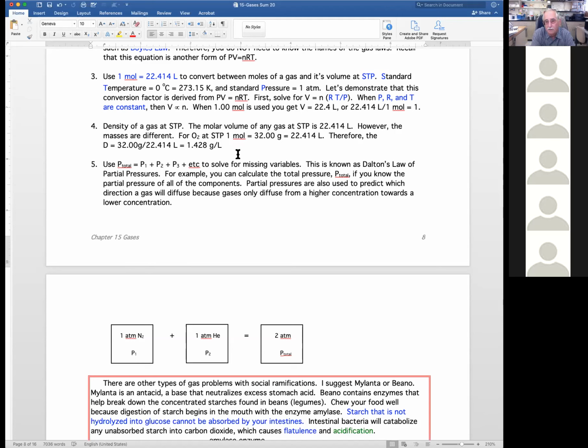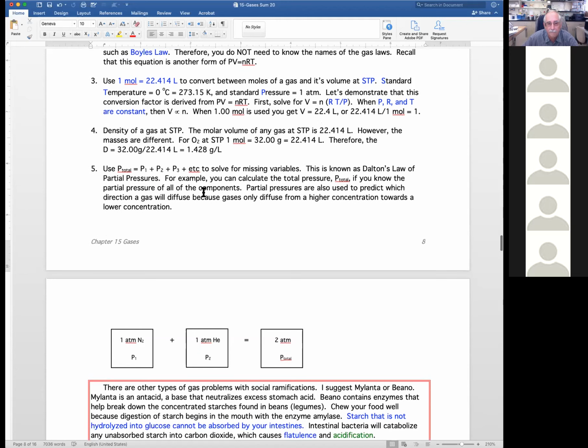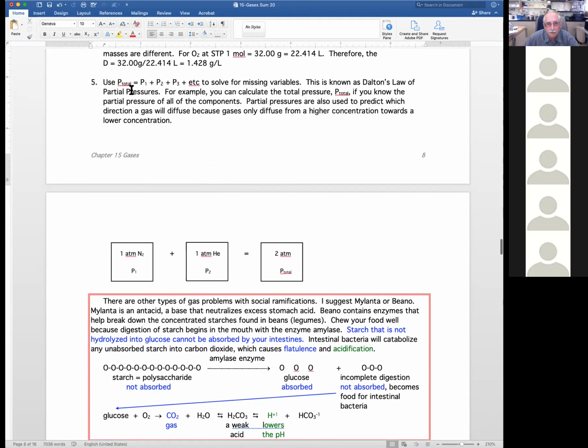And then there's another one called partial pressures. And here I did put the name just because I know it's important in biology texts that you know that Dalton's law of partial pressures is simply the law of partial pressures. But because they use it in biology texts so often, I thought we should put the name there. So here's what it means. The total pressure in a container is equal to the sum of all the partial pressures of every single gas.